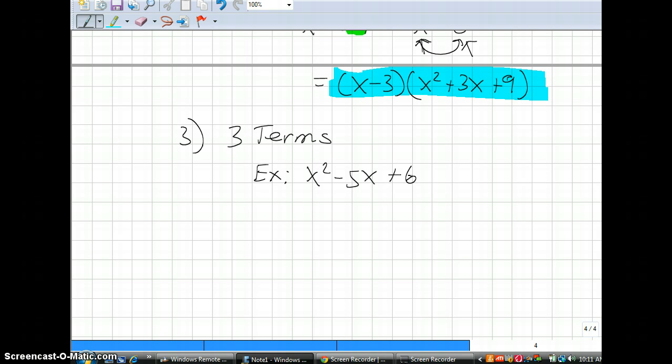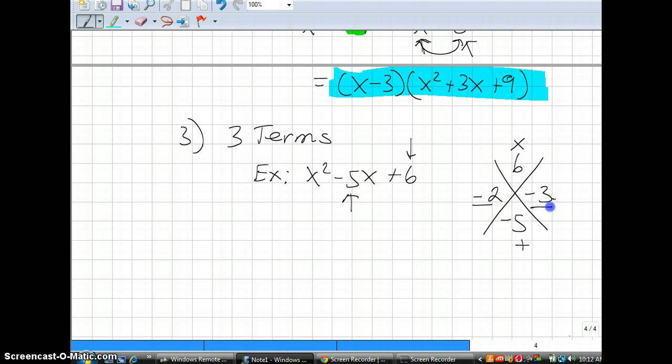What we do then is we make a little x, and we put the constant on the top, and we put the coefficient of the x on the bottom. Then we ask ourselves, what 2 numbers multiply to 6 but add up to a negative 5? That's going to be negative 2 times negative 3.